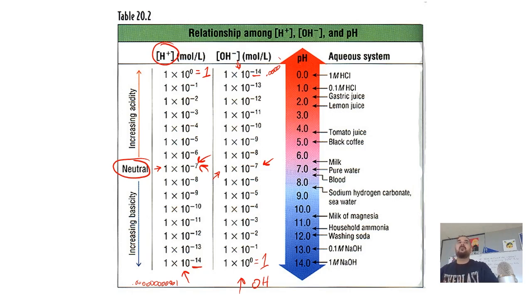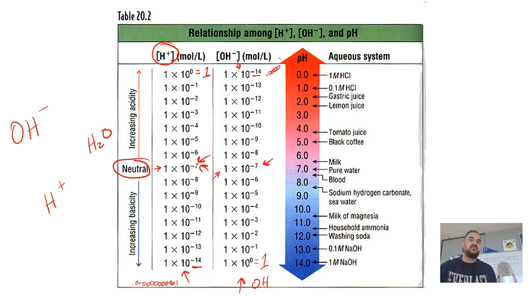We have the same number of hydrogen as we do hydroxide. Hydroxide is OH minus, and hydrogen is H plus. If you have the same number of hydrogen and hydroxide, what do you have? You have water, H2O. So water is neutral because it's got the same number of hydrogen as it does hydroxide. That's what I wanted y'all to see from this particular chart.